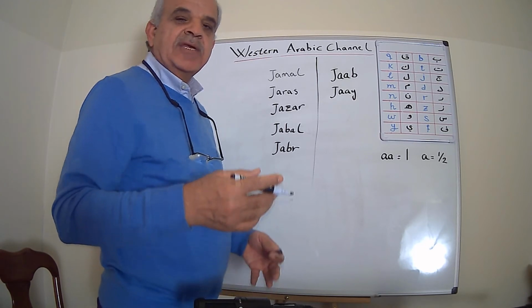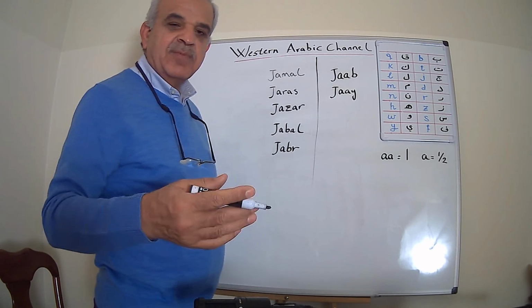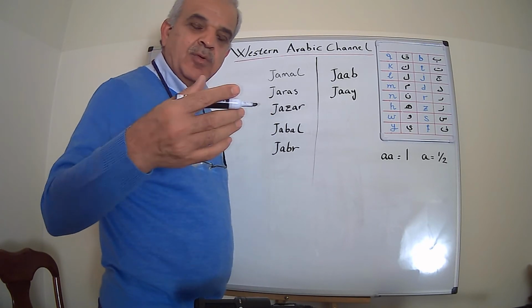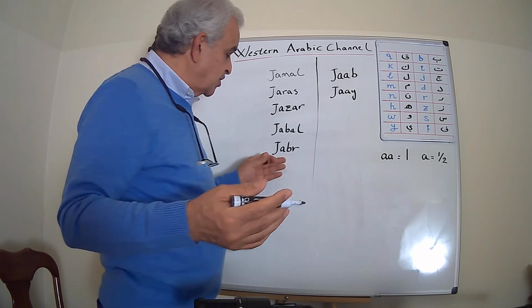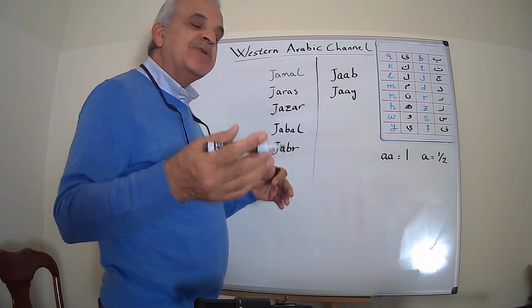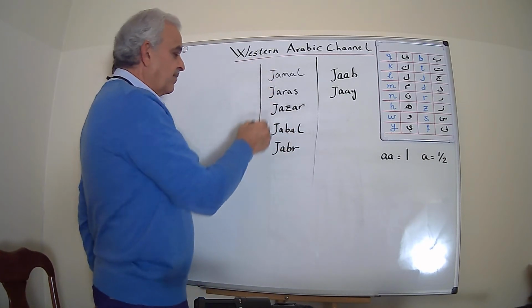Jabir ibn Hayyan is the Arabic mathematics scholar who found algebra, and because of that it's called Jabr, and it becomes Al-Jabr by time.